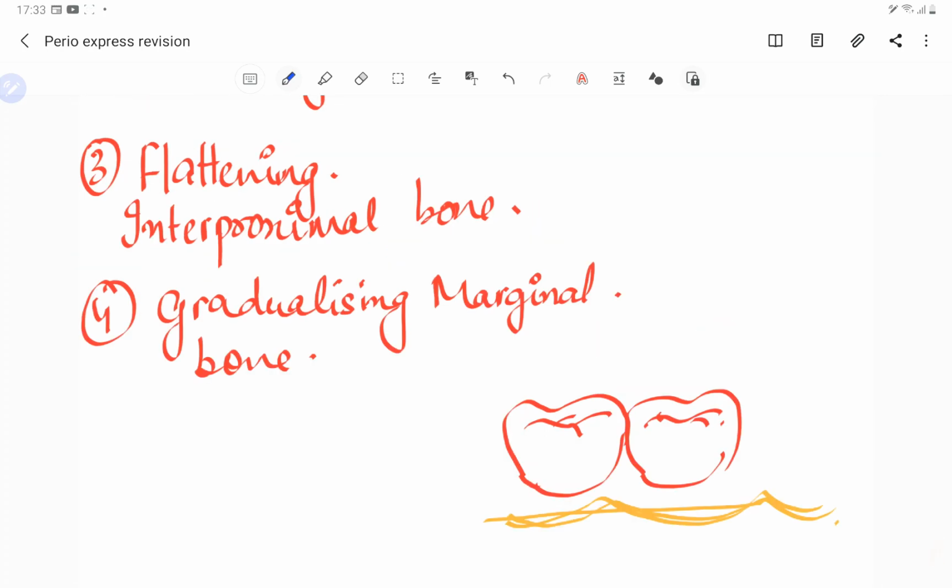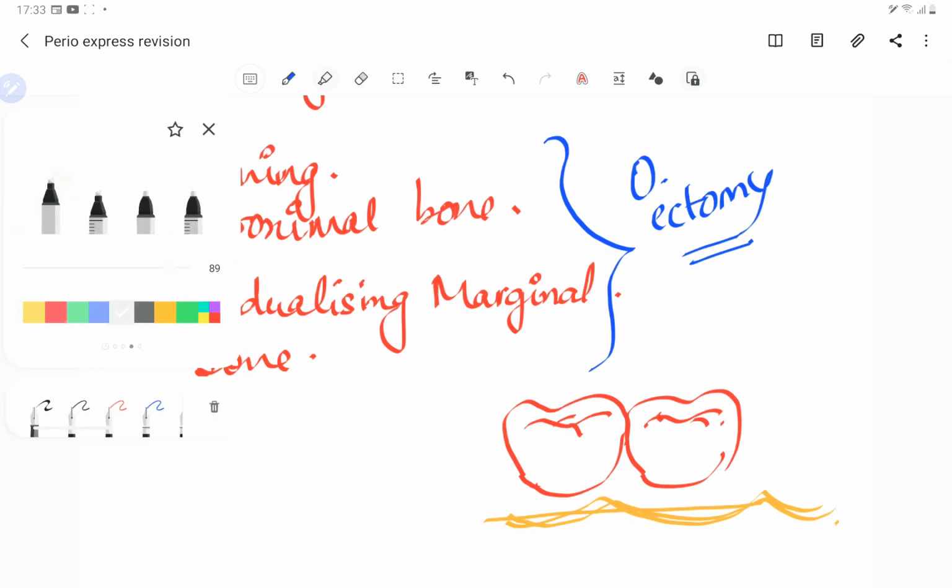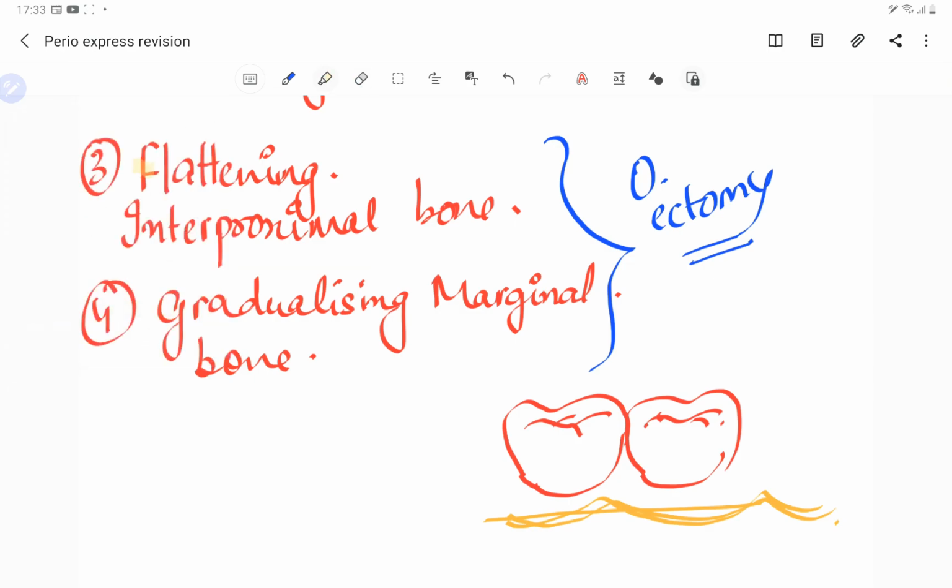Flattening the interproximal bone and gradualizing the marginal bone are both osteotomy procedures, because we are dealing with the supporting bone, reaching close to the tooth surface, and we are removing the supporting bone.